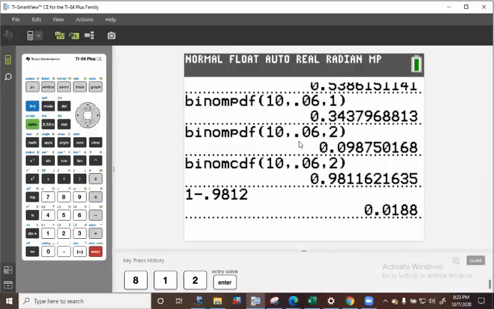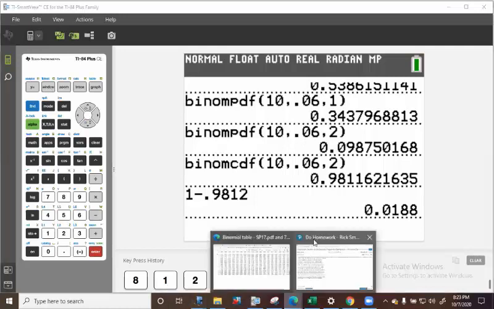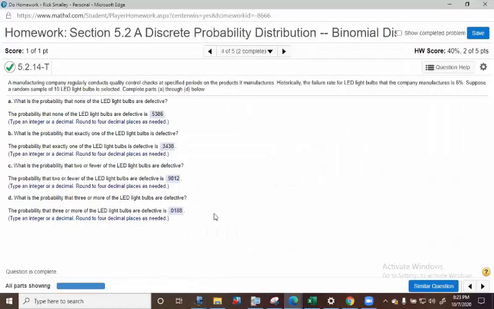Let's see. I'm just thinking about something here. How did I get? So you went up to 2 because it's 2 or fewer, I think 2 or less, right? So am I on the right problem? Is it this one with the LED bulbs or the other one I did?